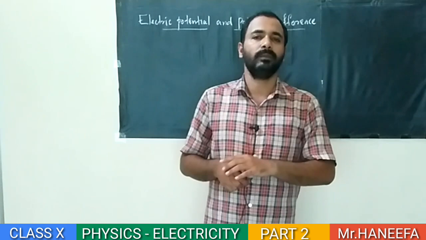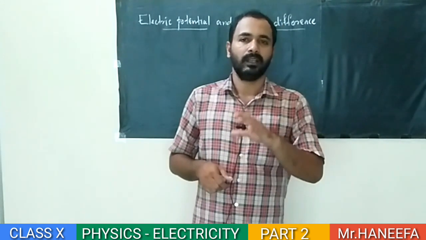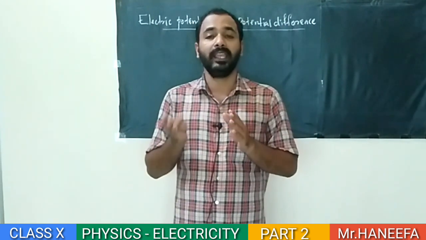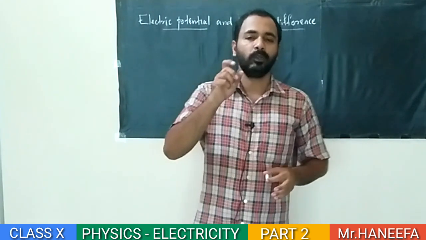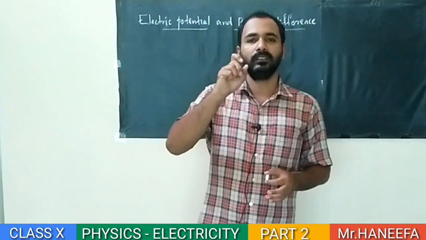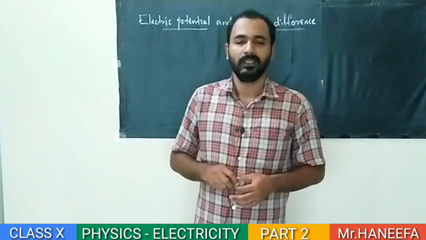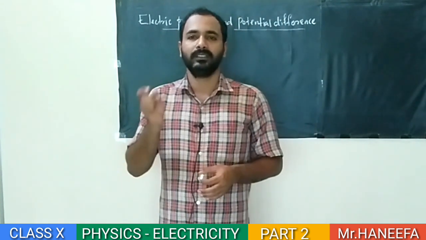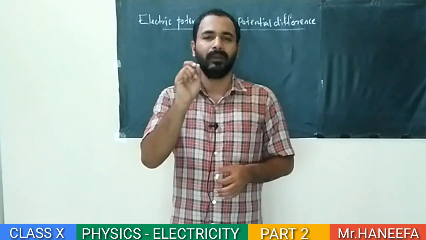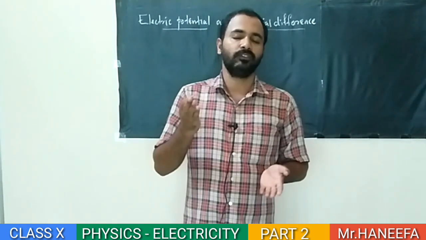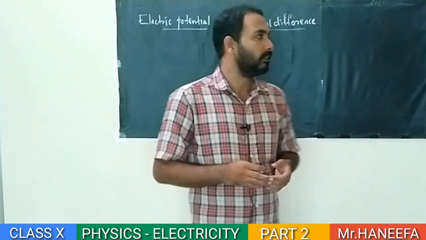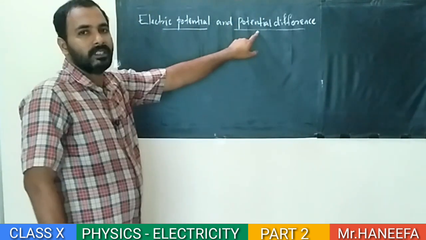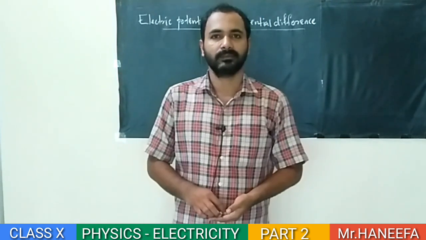Electric potential means there are two potentials, high potential and low potential. High potential is called positive plus. Low potential is called negative minus. The difference in electrical pressure is called potential difference.